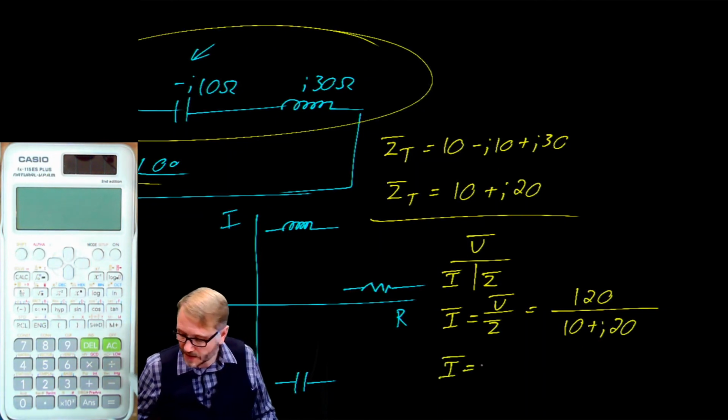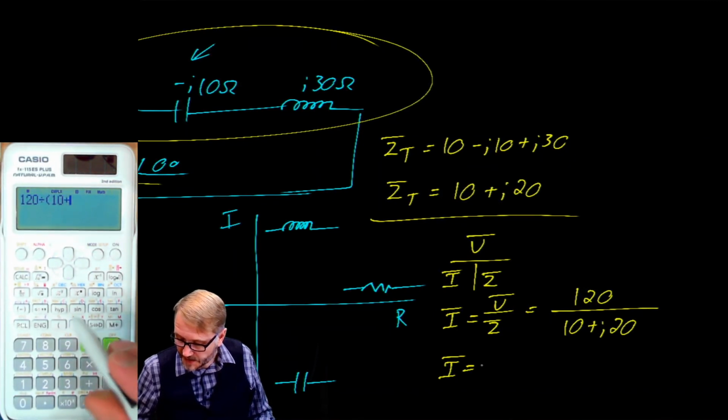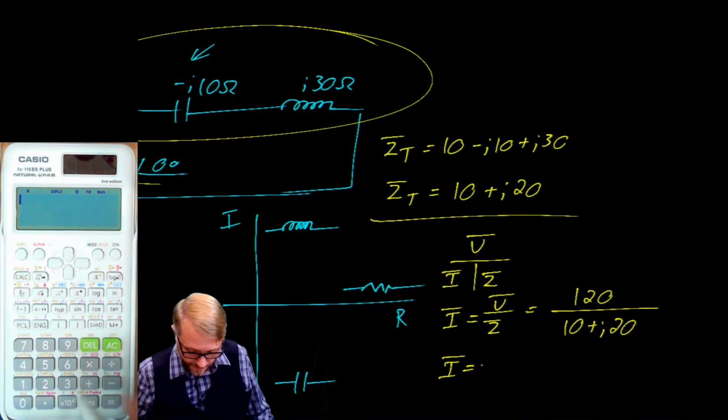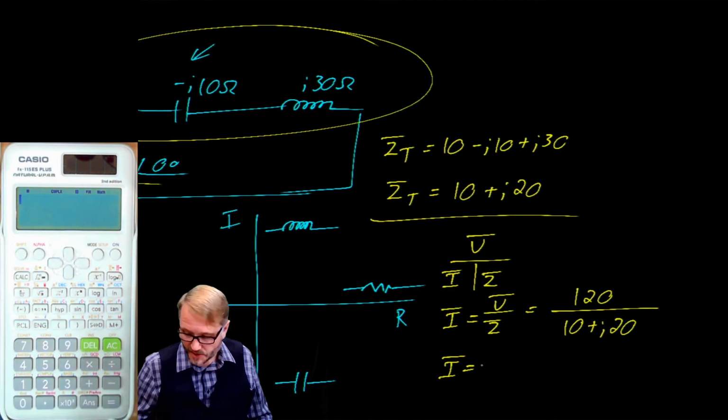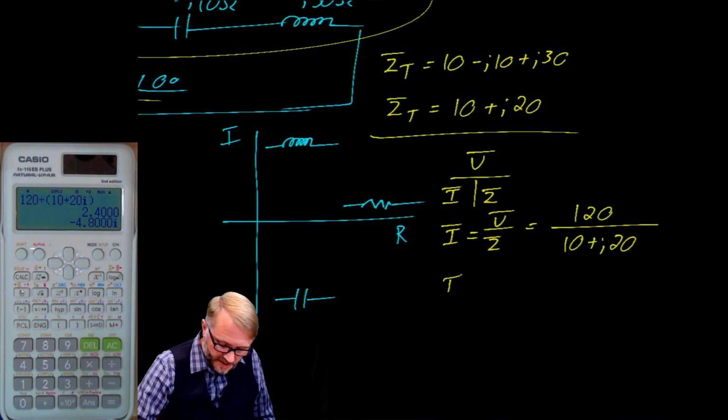So the current is equal to 120 divided by parenthesis 10 plus j20, divide equals, syntax error. Syntax error because your j's have to go in the end. So 120 divided by 10 plus j20, there we go. That would give us a current of 2.4 minus j4.8.